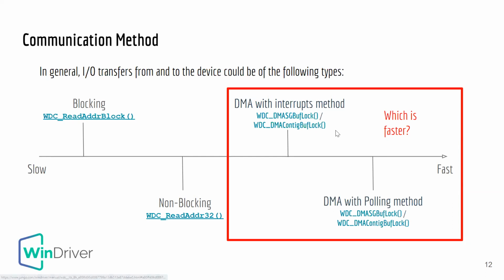So we have these two types of DMA, and we have a dedicated API for both of them, but now we should ask which is better or which is faster. So the answer is, it depends. It depends on your needs. It depends on your devices, on your setup. It really depends. So you can either try to implement both of them and see what works best for you.